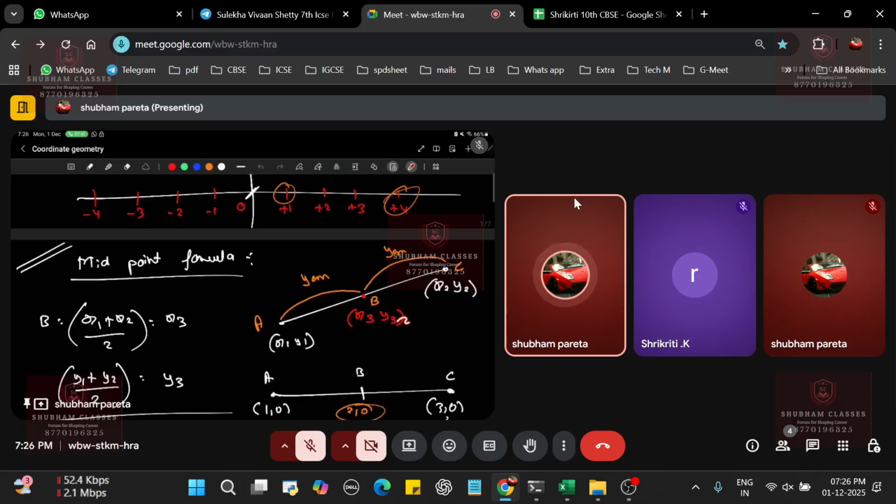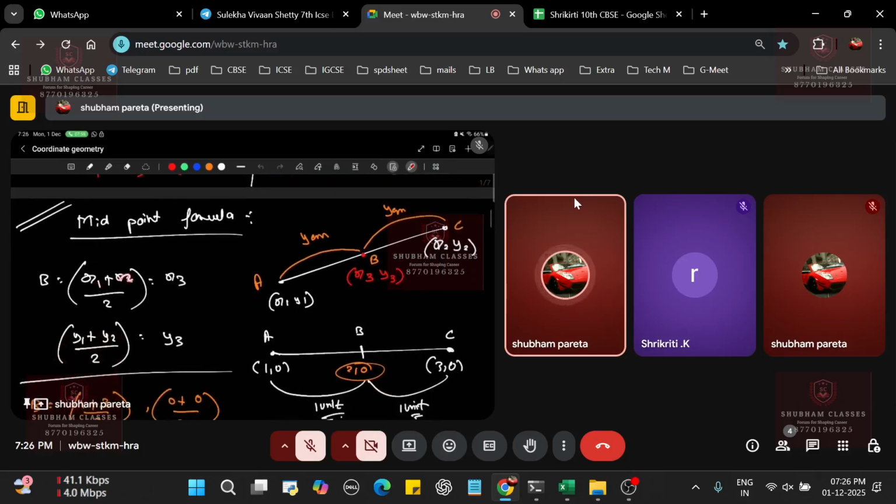The portion that you are getting is x1 plus x2 by 2, y1 plus y2 by 2. So x1 plus x2 by 2 is x3, and y1 plus y2 by 2 is equal to y3. Okay, this is the midpoint formula: how do we find the point in the middle of two points? We find it like this.